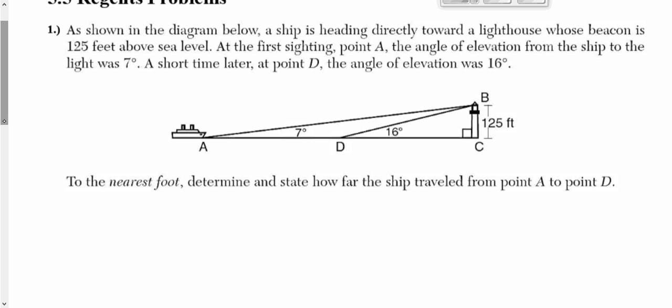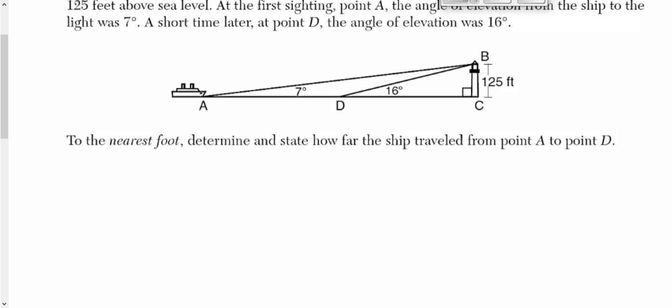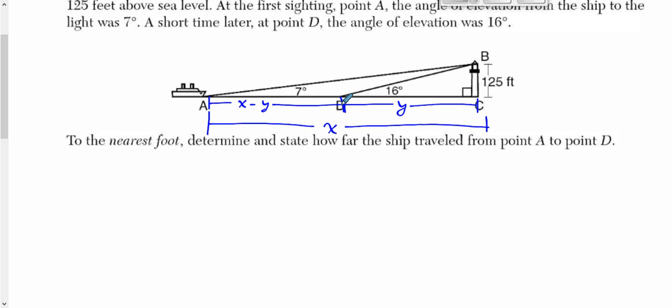Right, so I'll give you a minute, read it over. I'm going to go ahead and get it labeled up here. So, call that distance X. Maybe I'll call this distance here Y. And they want how far the ship traveled, so I'll call this X minus Y. Does your setup look a little like what I have here?